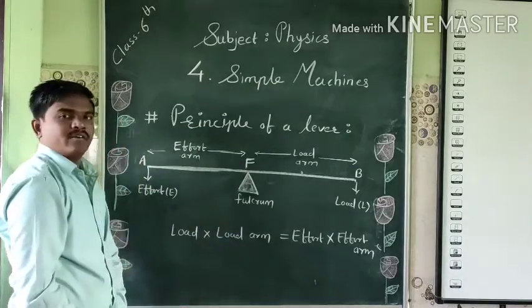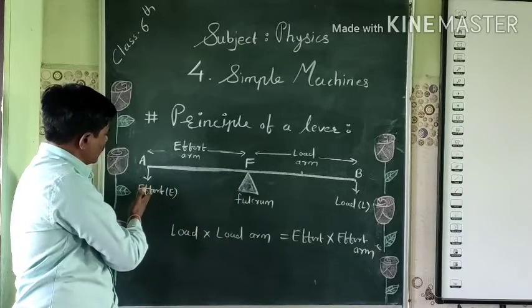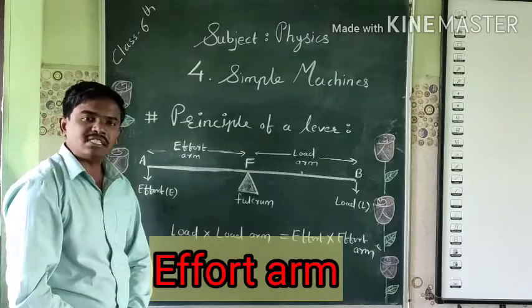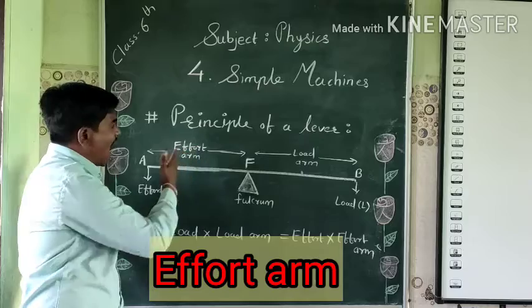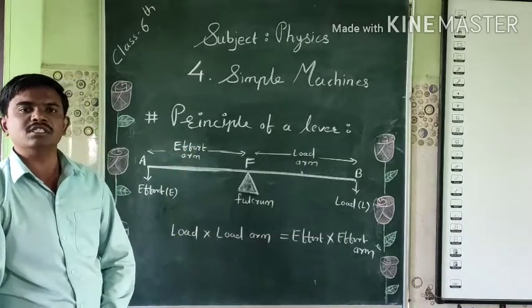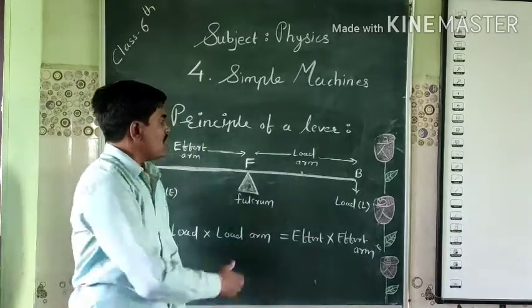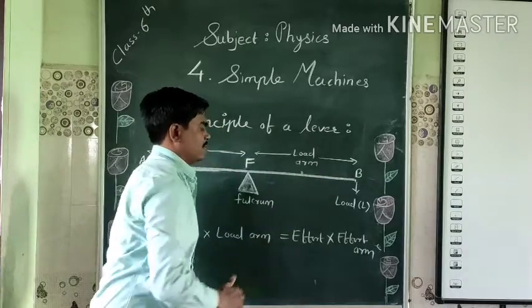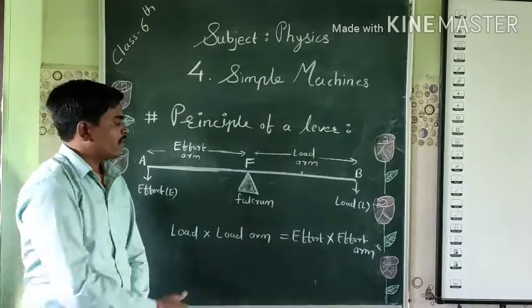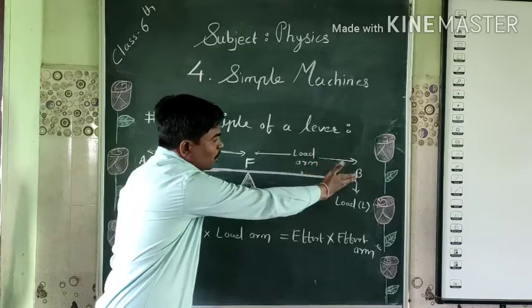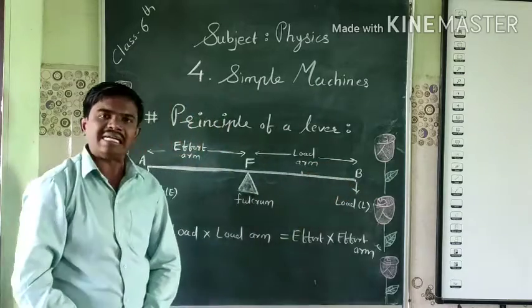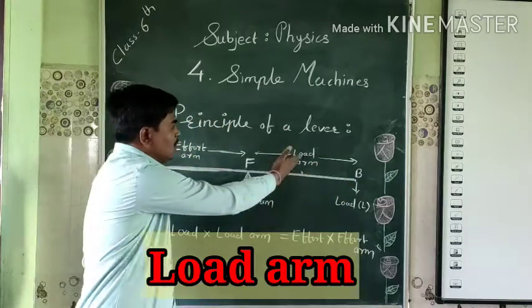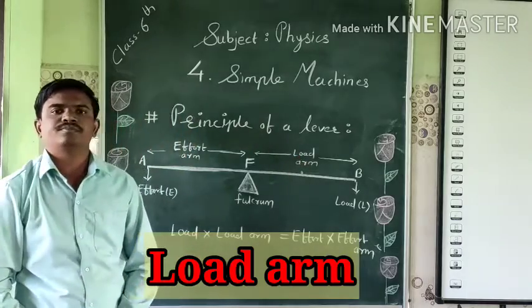The distance FA from the fulcrum to the effort is called the effort arm. And students, the distance FB, the distance from the fulcrum to the load, is called the load arm.